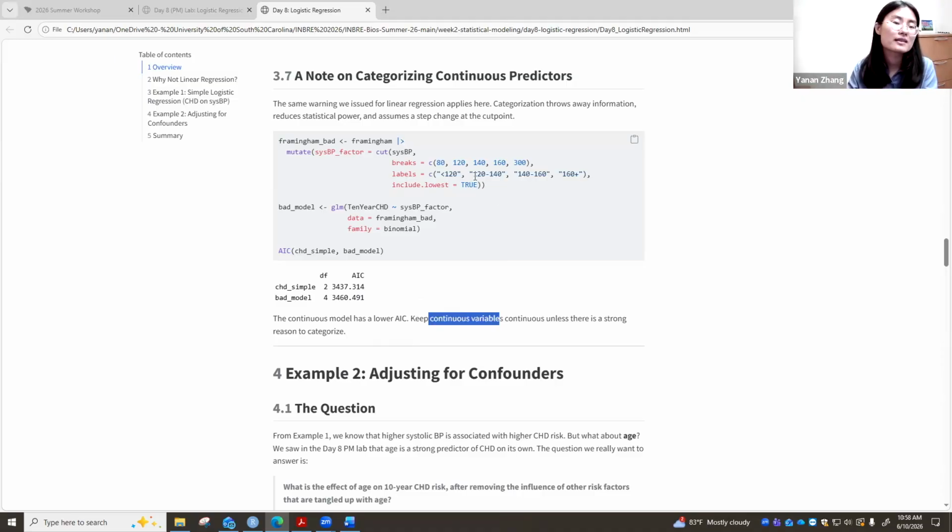Here, we assume people with blood pressure of 120 to 140 are exactly the same, and that any participants within each group are the same. That's a big assumption. So again, unless there's an important reason in your research, it's better to use the original continuous variable scale.